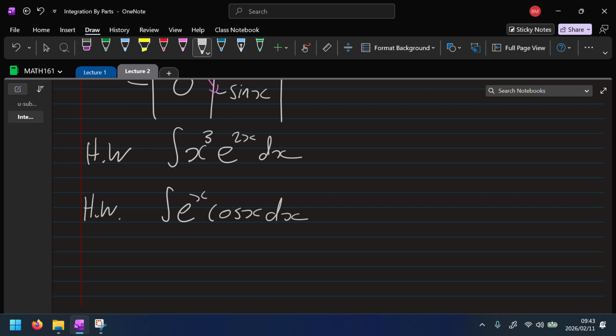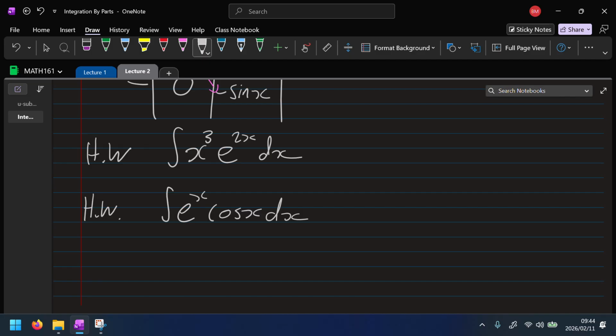It doesn't really help us much. If we choose cos x to be u, then the derivative is minus sine. That still doesn't help us very much. In this case, it doesn't really matter which one you pick. They're both just as bad.